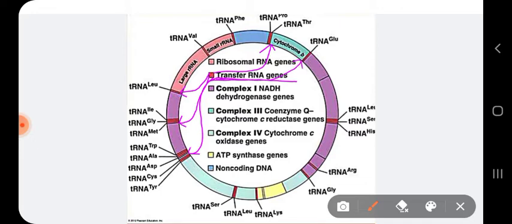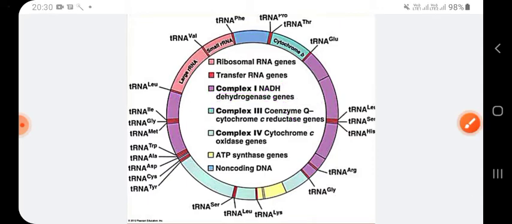It is dispersed throughout the genome. Then comes the complex one, which is the NADH dehydrogenase genes. These are found scattered on most of the regions of chloroplast DNA.